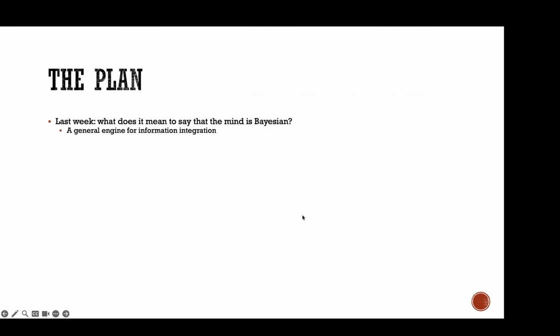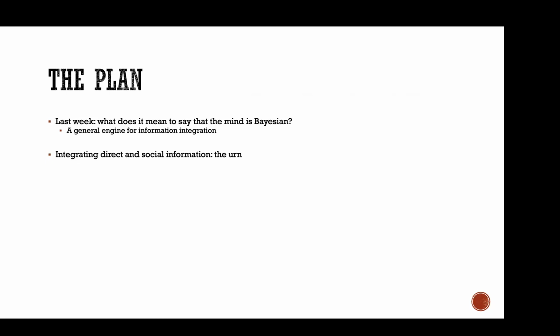So the plan for today is this. Last week we tried to tackle what it means to say that the mind is Bayesian, and we showcased the idea that we can use Bayes' theorem as a general engine for integrating information from different sources, which could be priors, existing knowledge, and whatever input comes from the outside, or from a plurality of sources.